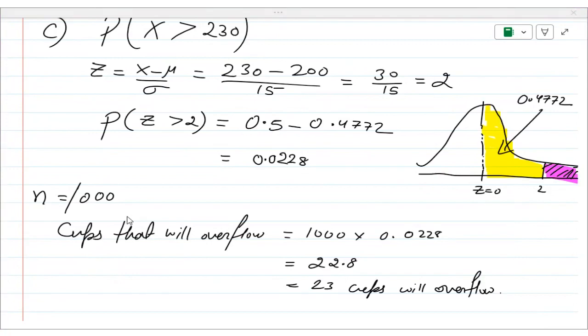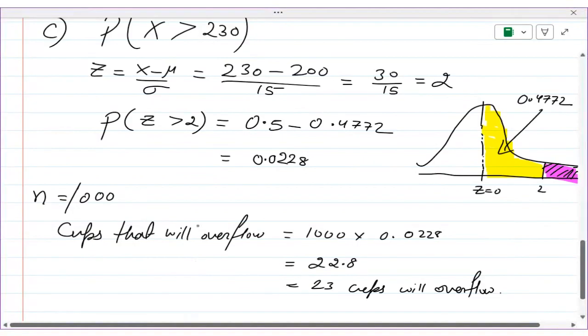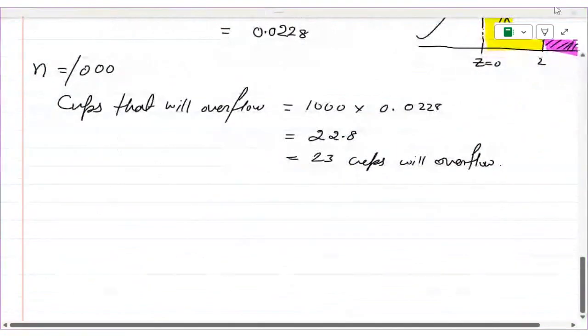Now the last part, the fourth part. Let us see what is asked from us.